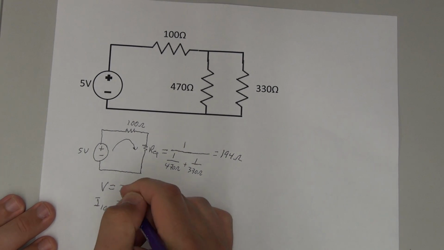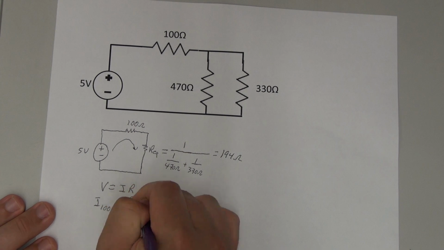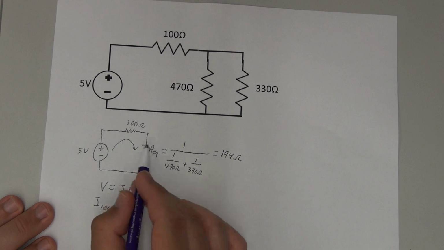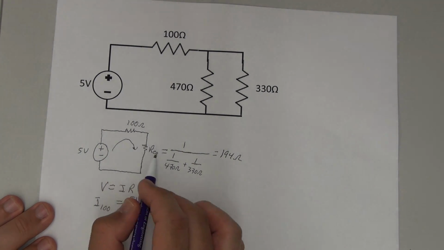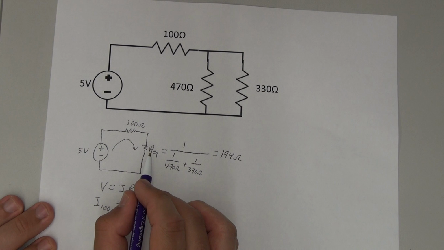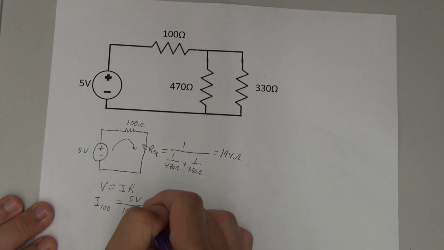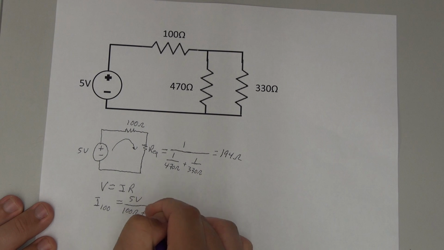I100 equals V over R, so V is going to be 5 volts, and R here is actually going to be another equivalent resistance, which is going to be the sum of these 2 resistances. So 100 plus REQ, 100 ohms plus REQ 194 ohms.